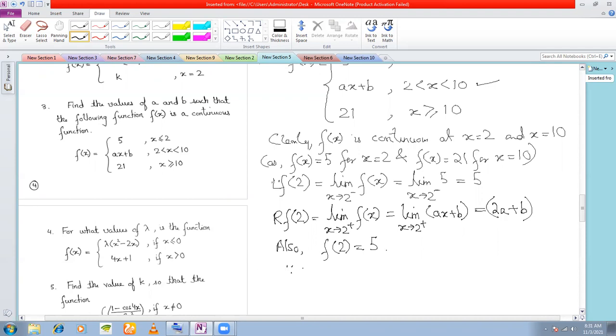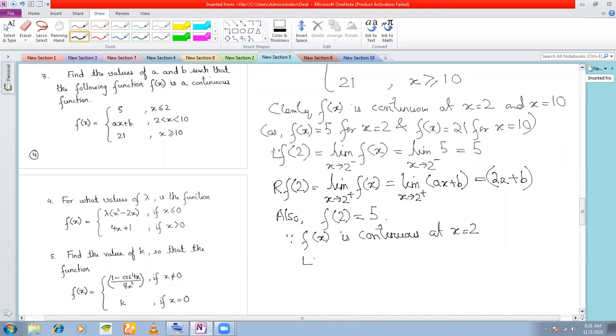But since fx is continuous at x is equal to 2, left hand limit must be equal to the right hand limit must be equal to f2. Okay.